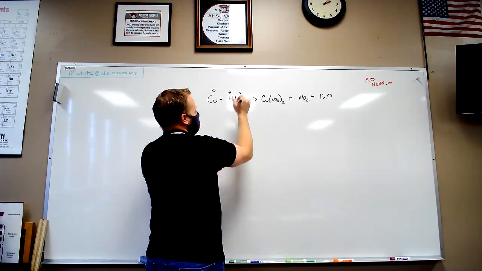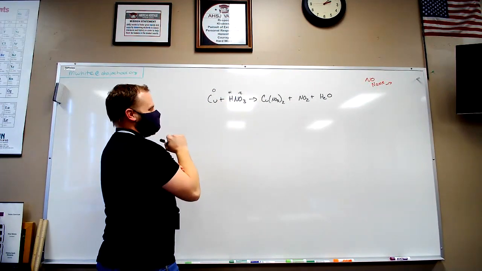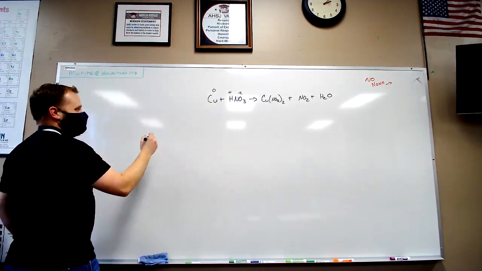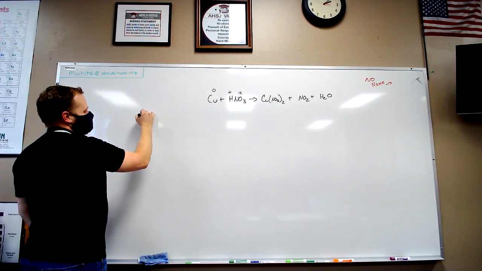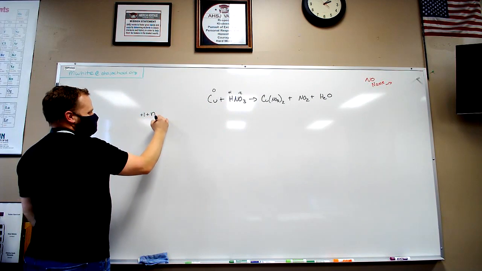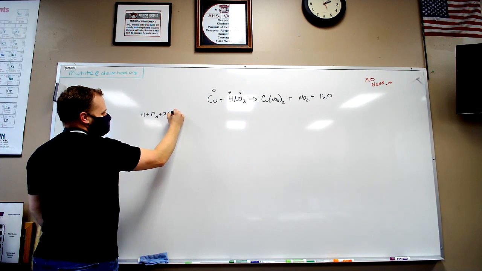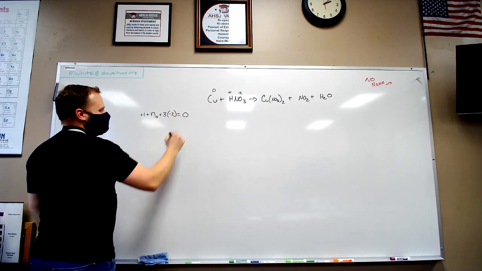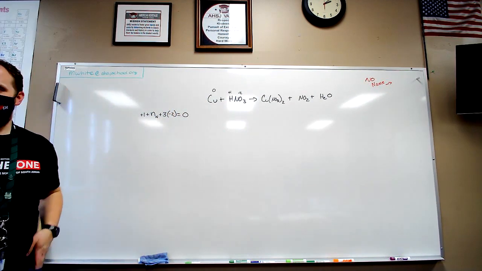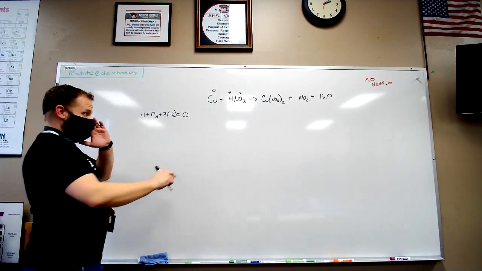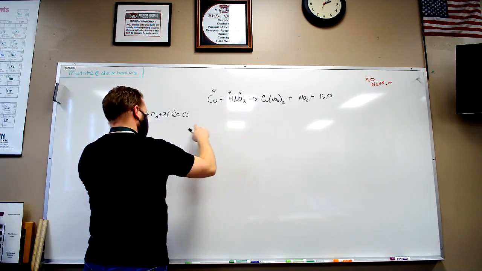-2. So now we can figure out that nitrogen because we know that +1 plus the oxidation number for nitrogen plus 3 times -2 equals 0. That's rule 8. This has no charge on it.